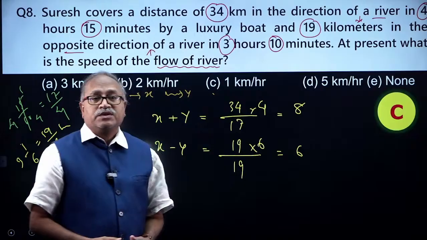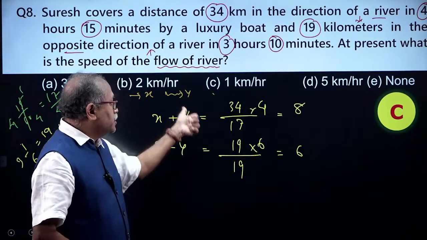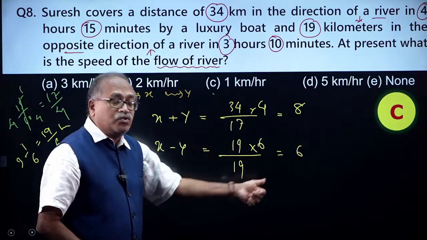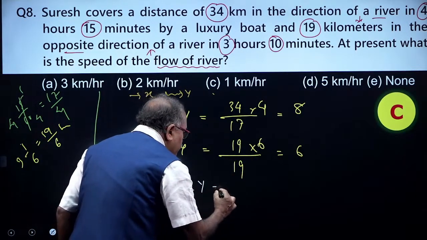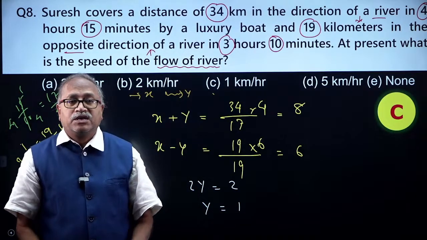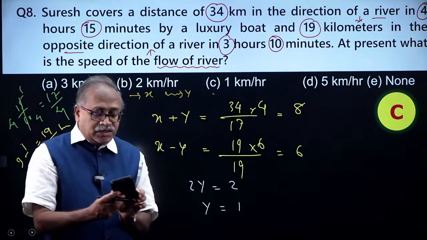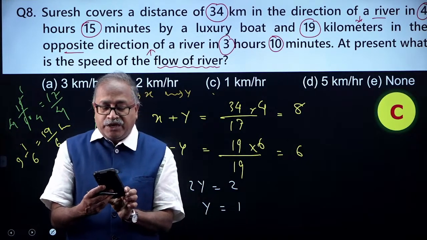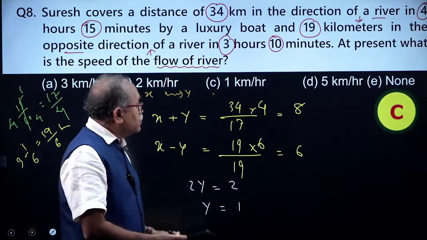So now you know that when I subtract this one, the x will get cancelled, 2y is equal to 2. So obviously y is equal to 1, which Aman has correctly answered. Anyone else answered this? 1 kilometer per hour. It's good. So I am moving on to the next question here.